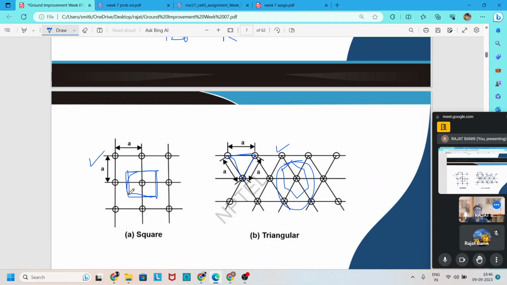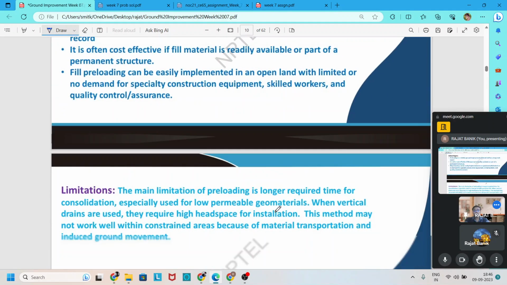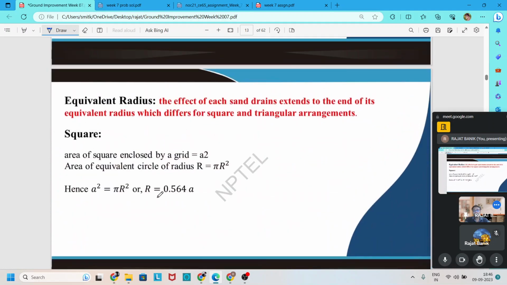If we replace the square with a circle and find its radius, that is called the equivalent radius. The same applies to the triangular pattern: if we replace the hexagon with an equivalent circle, its radius is the equivalent radius.